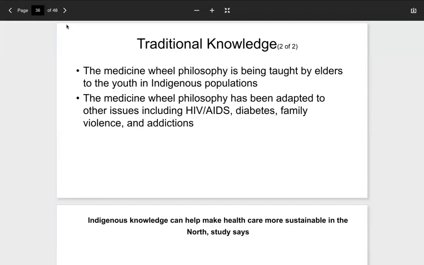Oftentimes we may not hold it in high regard because it's not something we've been taught as part of our healthcare system. And we are missing a huge chunk of that holistic nursing piece by, whether unintentionally or intentionally, ignoring the use of traditional medicine.